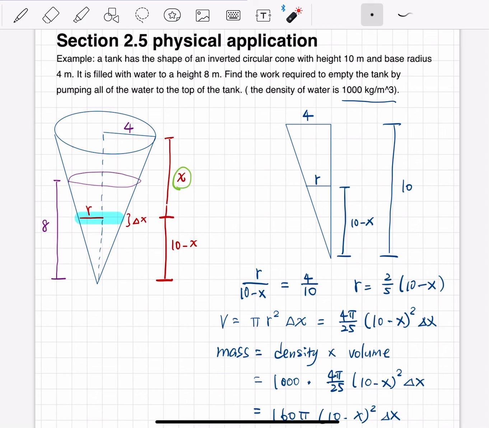Then we try our best to find some relations and rewrite all the unknown variables. For this case, the unknown variable is the r here, the aperture radius for the slice. Then we can use similar triangles to build up a relation between the r and the x.